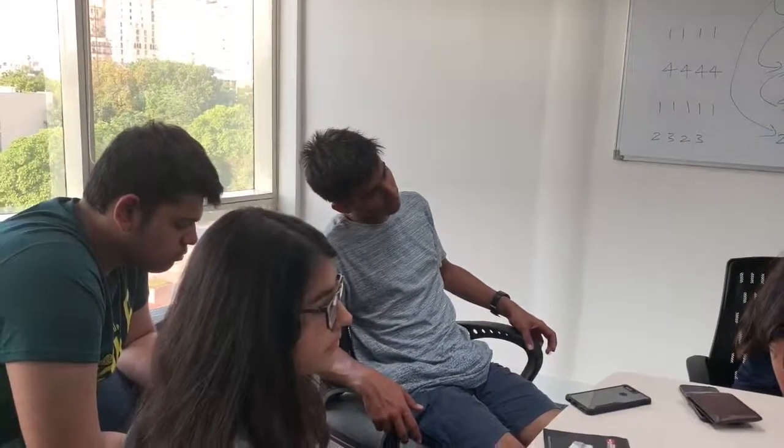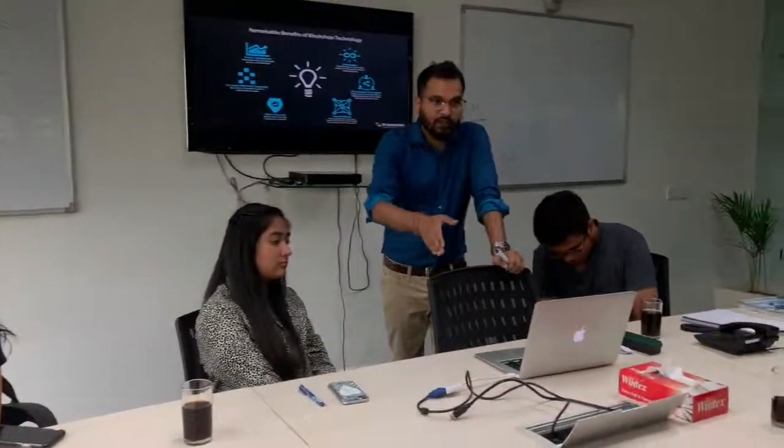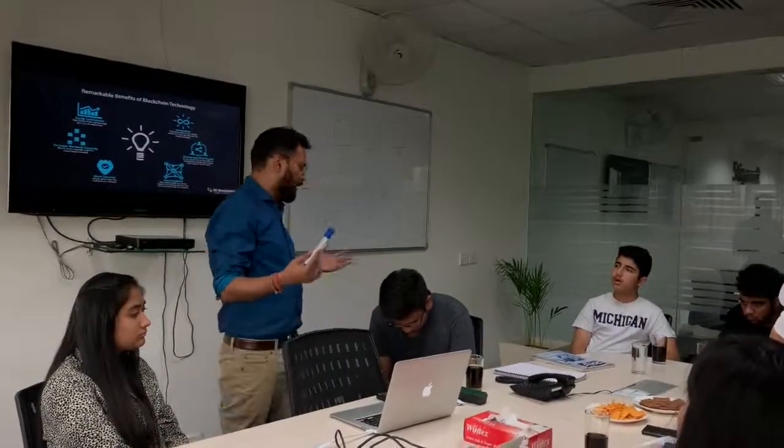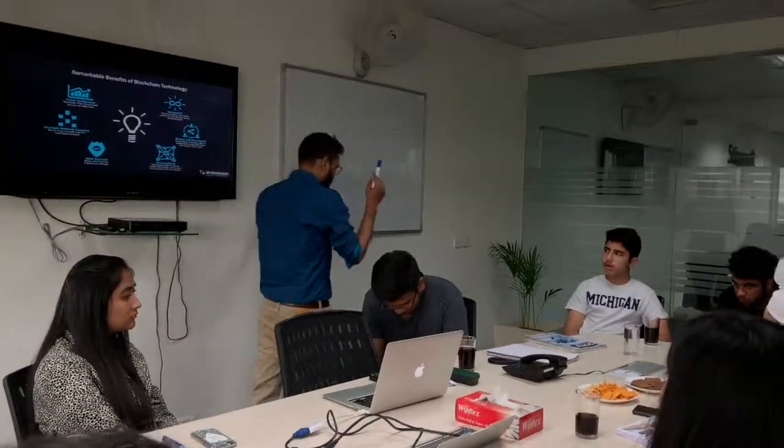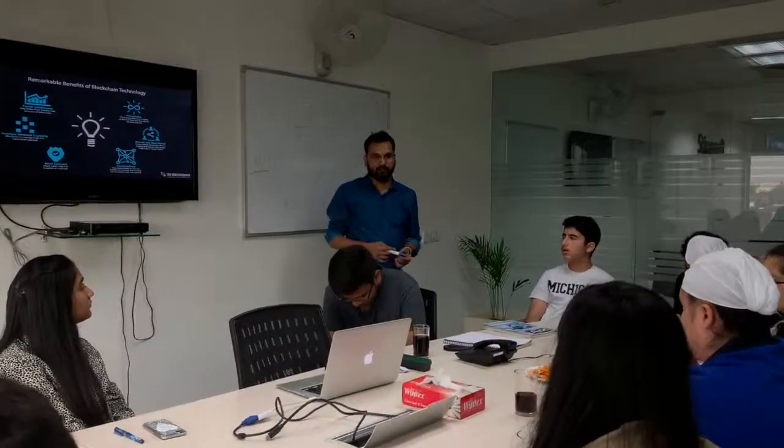And when you are not able to do it, you learn in the process why you are not able to do it. When you try to do something, you learn what steps are preventing you from doing it. So again, there are tons of benefits of blockchain, right?